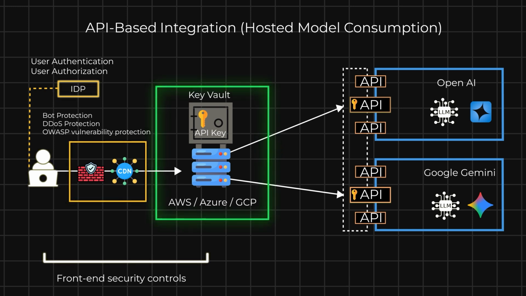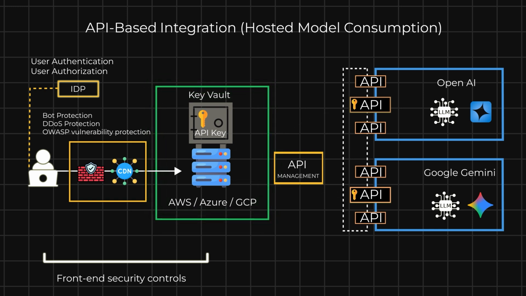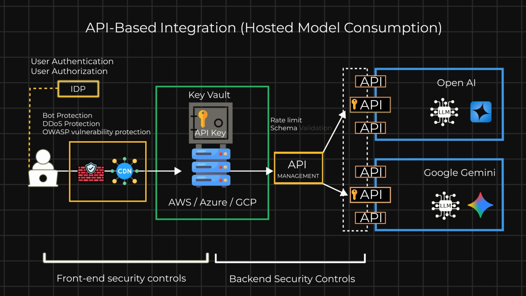And for the backend, most of the mature organizations make use of an API management layer for API integrations, and hence the API traffic is routed through the API manager. This provides more centralized control over the backend security, such as rate limiting the traffic, schema validation, and other API related controls.